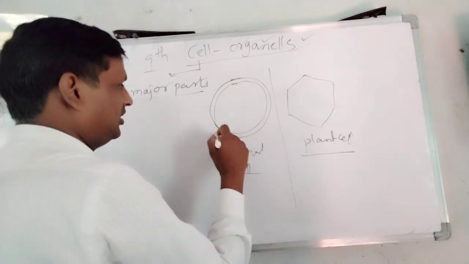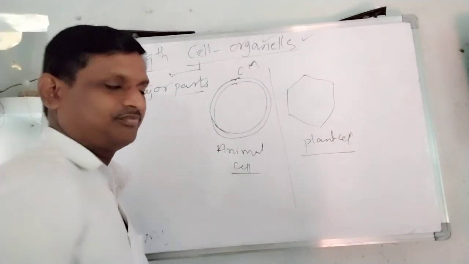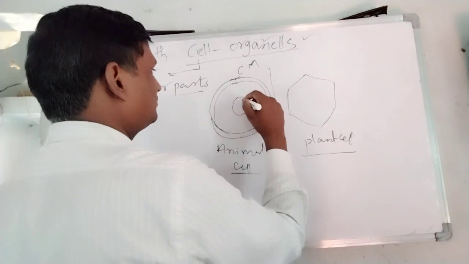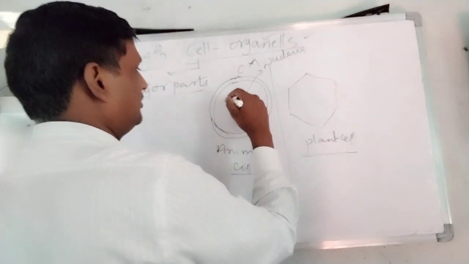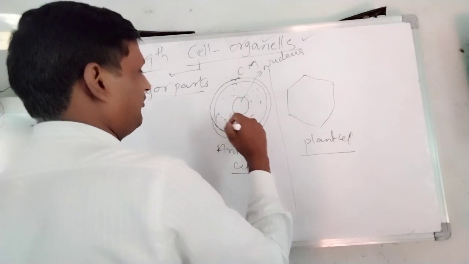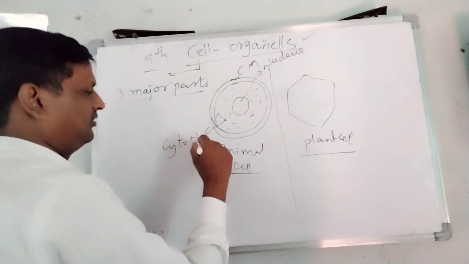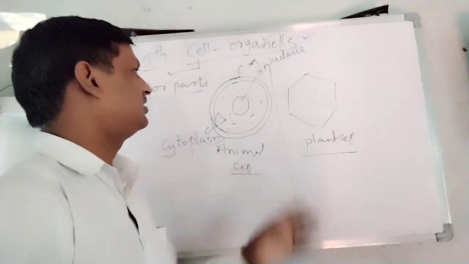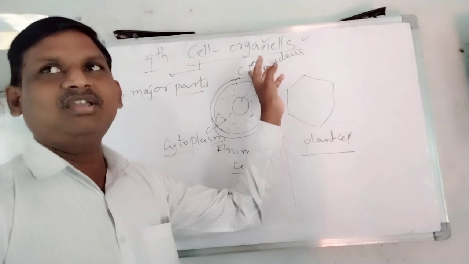The second one is the nucleus, and the third one is the cytoplasm. So these are the three most important parts that we can observe in the structure of the cell. First, every cell is surrounded by the cell membrane.